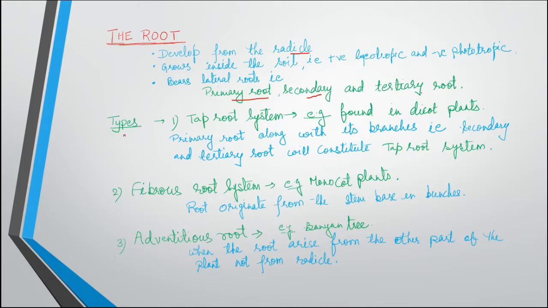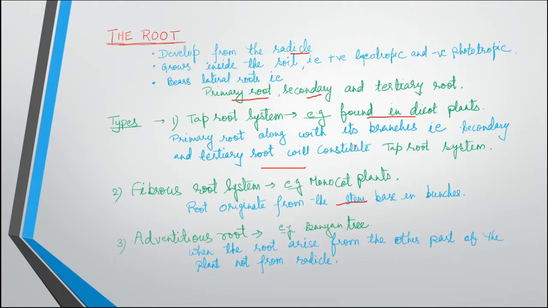So there are mainly different types of root system. First is the taproot system. This is the characteristic feature of the dicotyledonous plants. The primary root along with its branches, that is secondary root and tertiary root, will constitute the taproot system. A fibrous root system is the characteristic of the monocot plants. Here the roots originate from the stem and stem base in bunches.